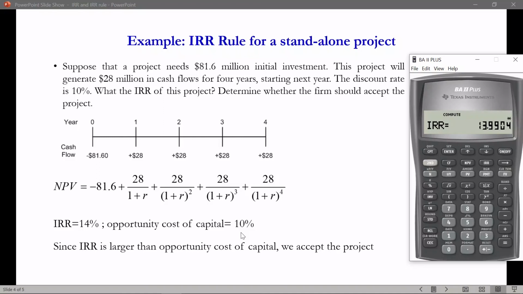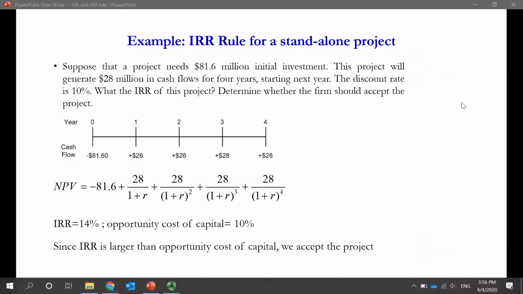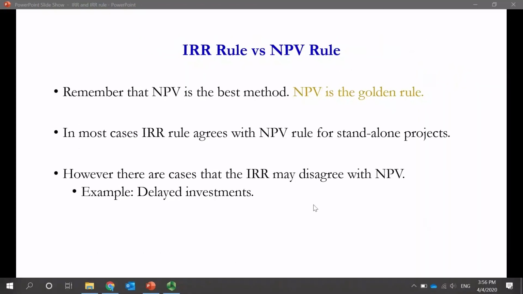And all of this is given that we are using the IRR rule. Let me remind you that we should always stick to the NPV rule. We were learning about the IRR rule, but we should remember that we need to always stick with the NPV rule, because NPV is the best method, or it's our golden rule.